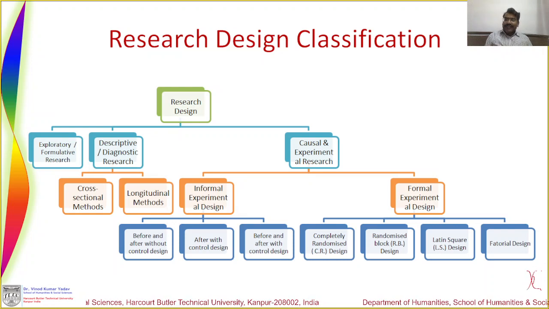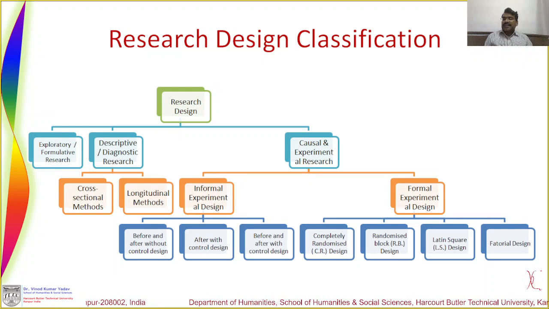In experimental research, you can have informal experimental and formal experimental designs. We will discuss causal and experimental research design in coming lectures. But today I am interested in the basic and fundamental understanding of exploratory and descriptive.